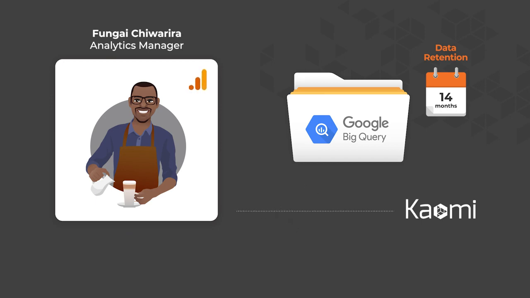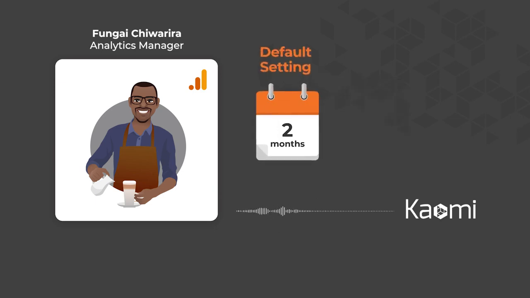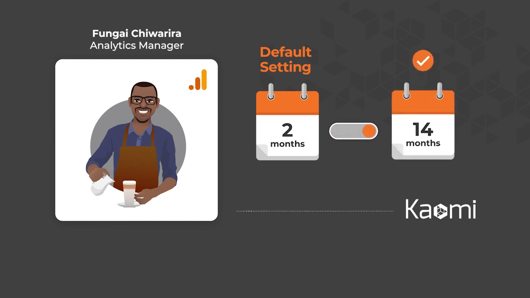Just a tip: when you sign up for GA4, by default the property is set to 2 months. So you would need to change the data retention in the admin area to 14 months. Otherwise, if you leave it at 2 months, you'd lose that data after every 2 months. So it's vital that you change that to 14 months.